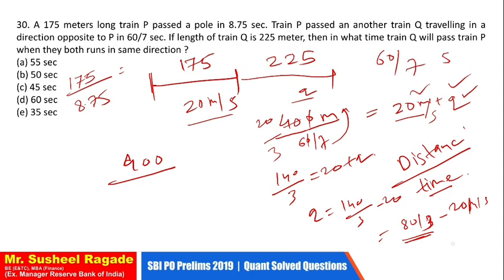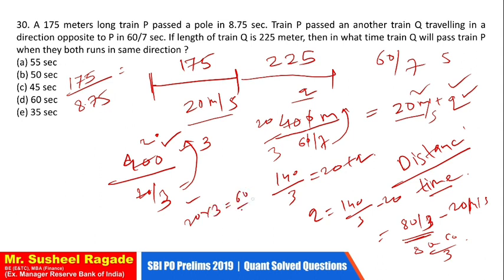So we take the difference: 80 minus 60 divided by 3, this is 20 by 3. This is their relative speed. So distance upon relative speed gives the time. These 3 we can take in the numerator, so 20 into 3 is equal to 60 seconds. So our answer is 60 seconds.